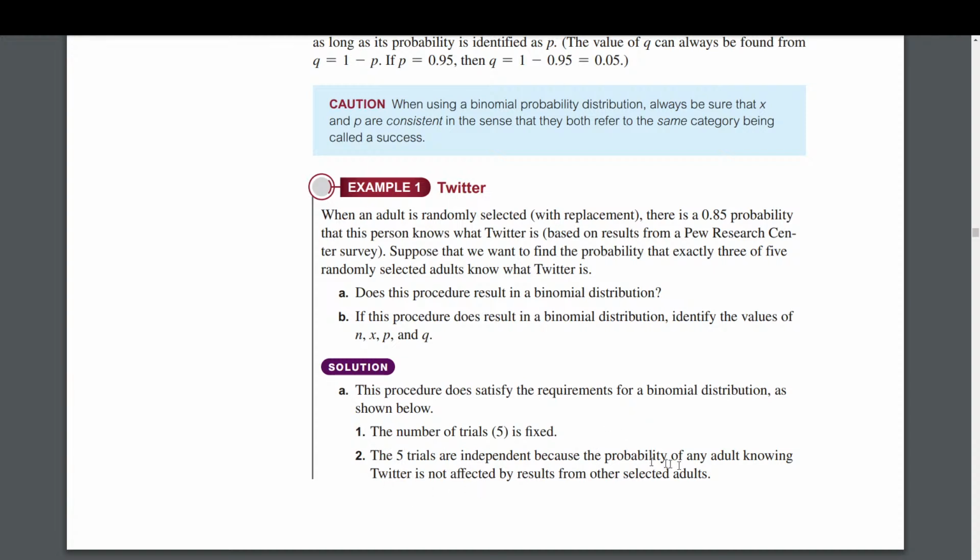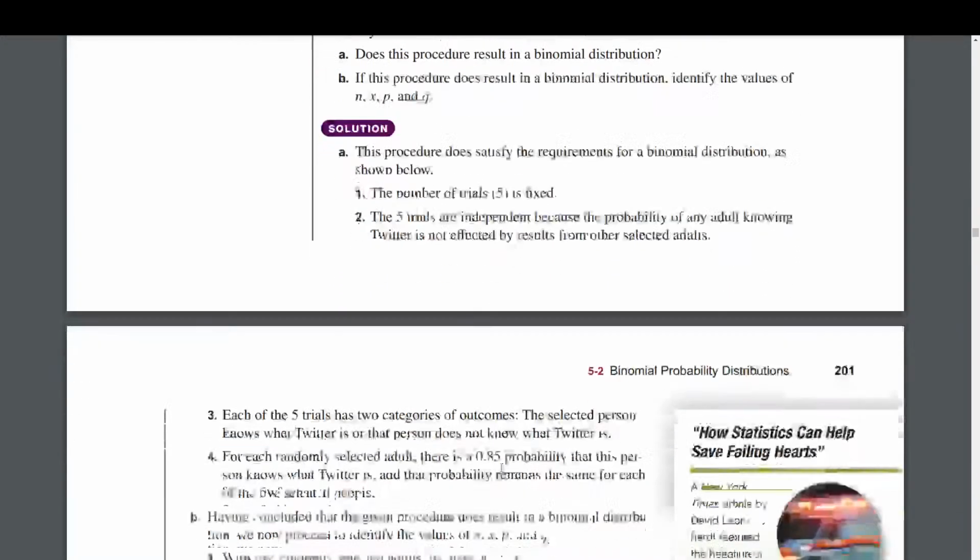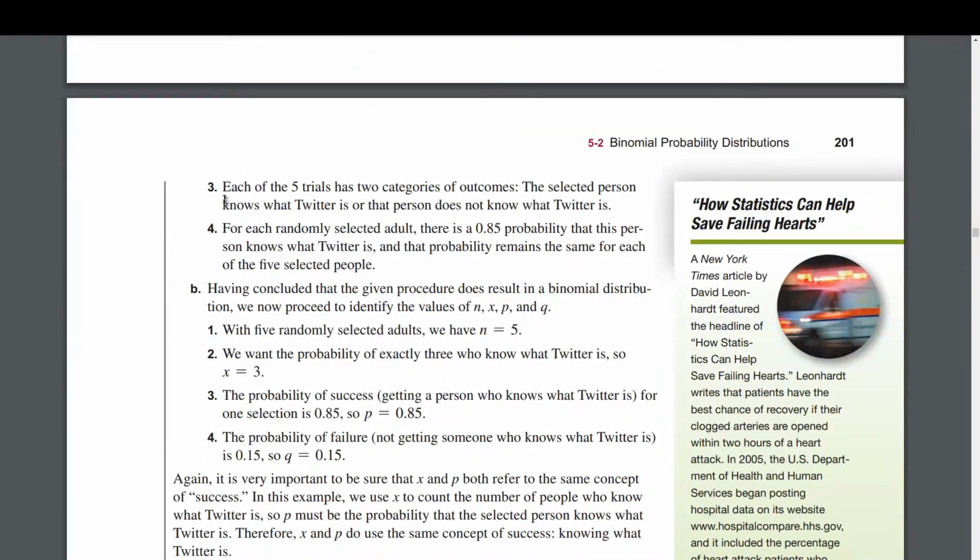All 5 people are independent because the adults were randomly selected. Here's another one. Each of the 5 trials has 2 categories of outcomes, and the outcomes are they either know it or they don't. So it's either yes, they know, or no, they don't.